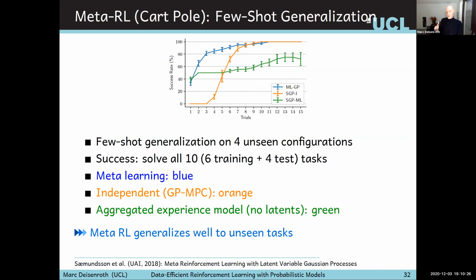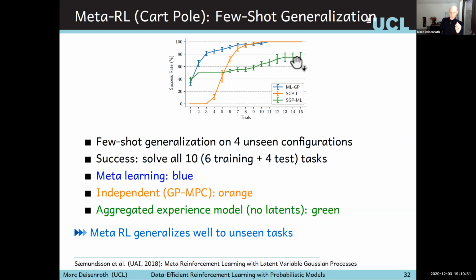That means the 6 training tasks and the 4 test tasks, so we don't forget anything that we already learned. And again, we can do the independent training where we just start independent controllers, and we need about another 7 trials to make sure to nail these additional 4 test tasks. So that's okay.